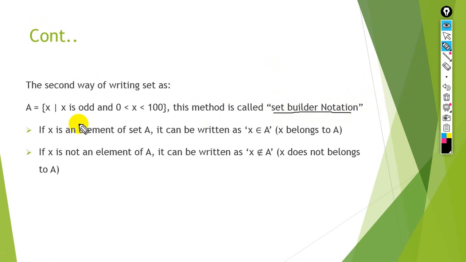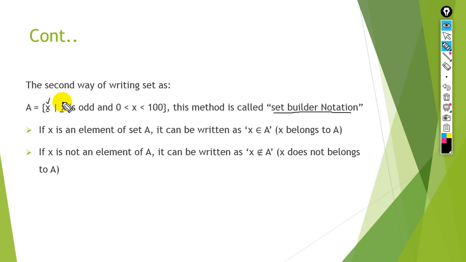Here we have the set builder notation: x such that x is odd and x is greater than 0 and less than 100. Here the condition will be defined for taking the objects of a set. In x such that, this vertical line is pronounced as such that.